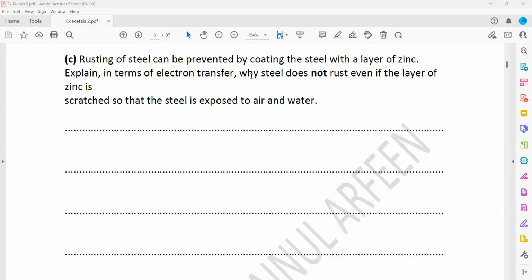Rusting of steel can be prevented by coating the steel with a layer of zinc. Explain in terms of electron transfer why steel does not rust even if the layer of zinc is scratched, so that the steel is exposed to air and water.